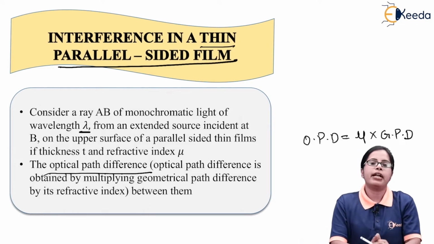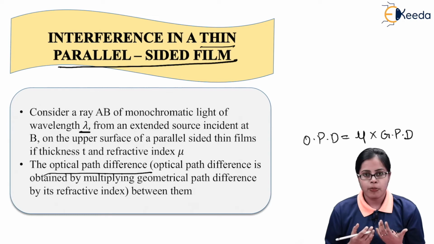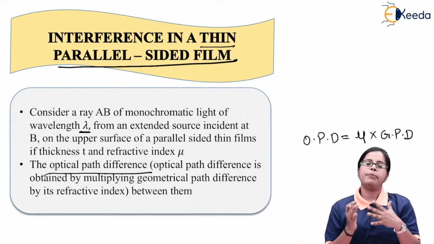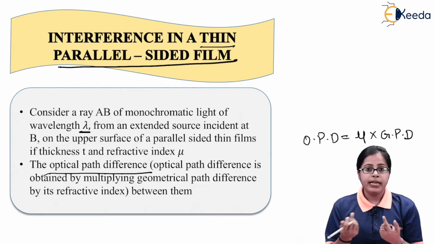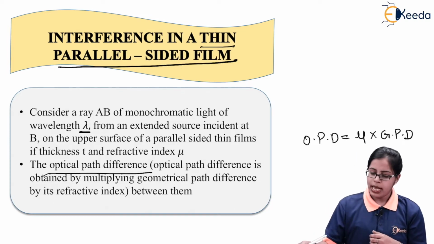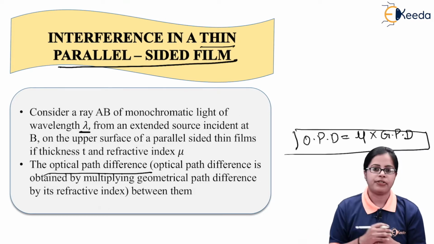So first I need to find the geometrical path difference, then multiply it by the refractive index of the medium, the thin film, and with the help of this formula we will be able to calculate the optical path difference.